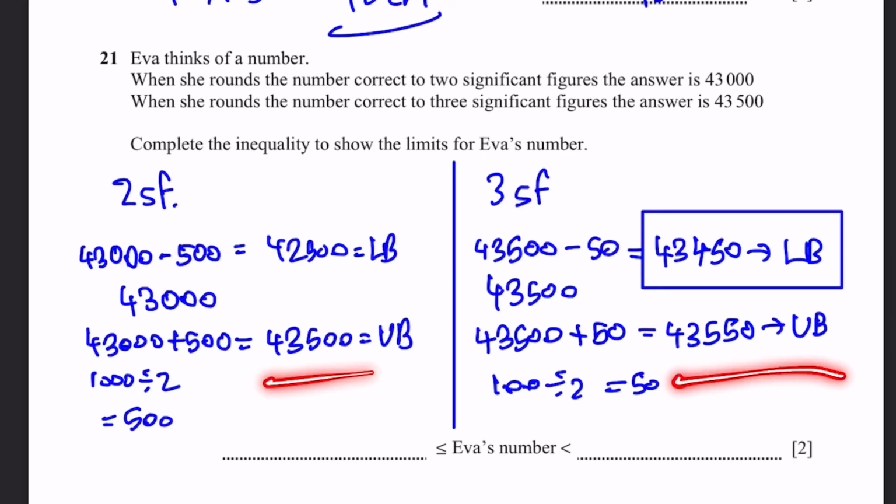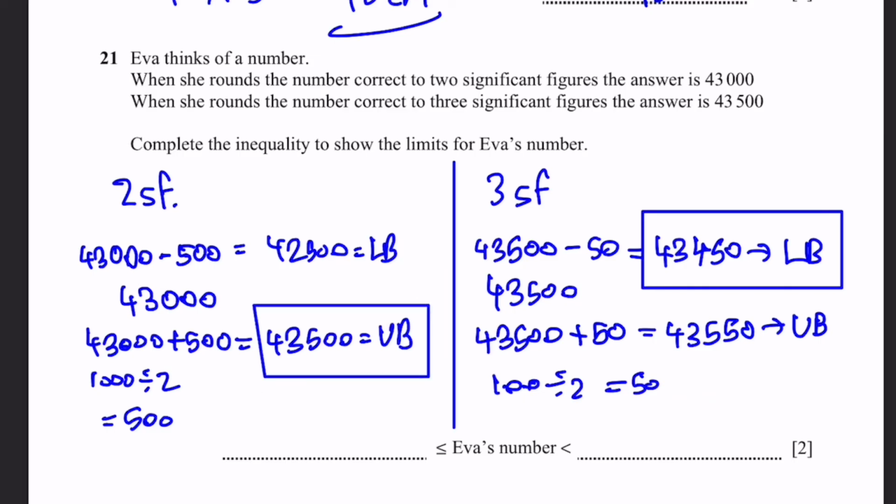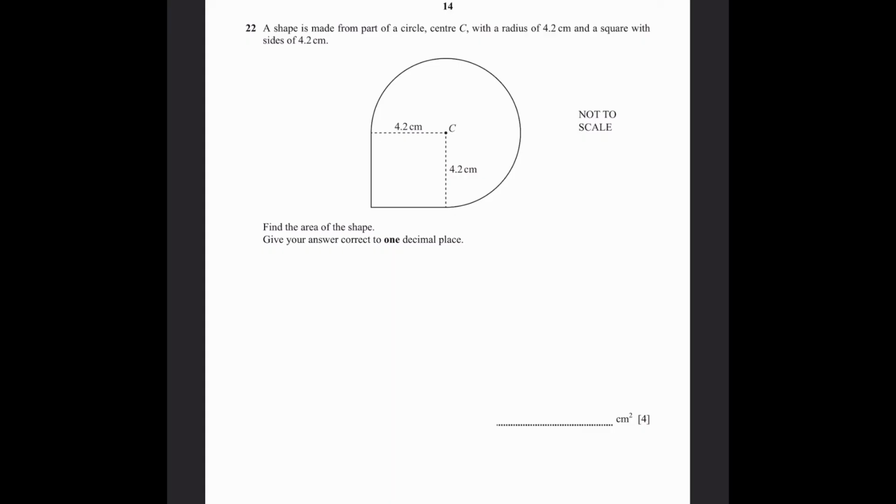Out of these two, 43,500 is smaller, so we use this upper bound. So 43,450 less than or equal to Eva's number less than 43,500. That's the answer.